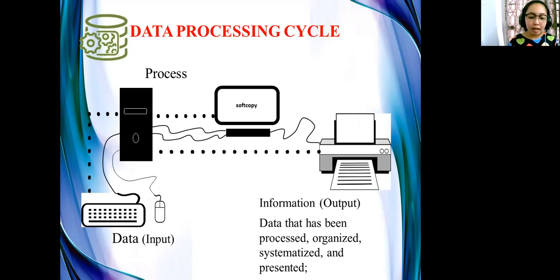So data, ito yung in-input natin by the use of keyboard and the mouse, then nag-process siya doon sa ating CPU. Then makikita natin either yung soft copy, makikita natin sa monitor.